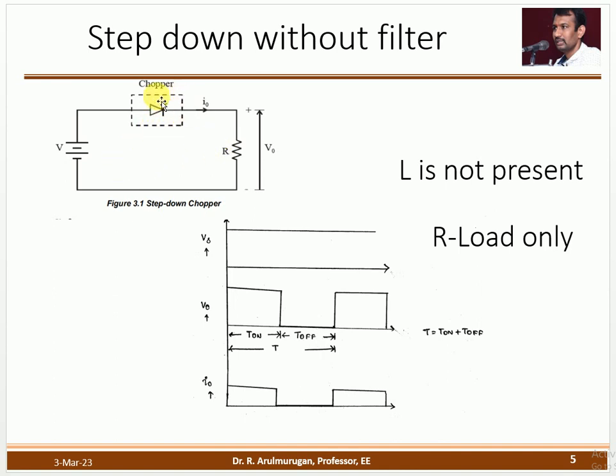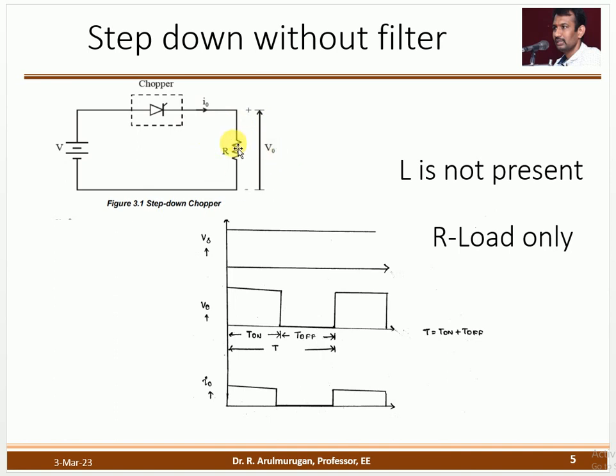When the switch is off, the load is not getting the power. When I give the pulse, the switch turns on, and for T on, the output V naught and I naught, voltage and current, are produced. When the switch is off, the output voltage is 0 and the current is also 0. This is the simplest diagram of the conventional step down or buck converter.